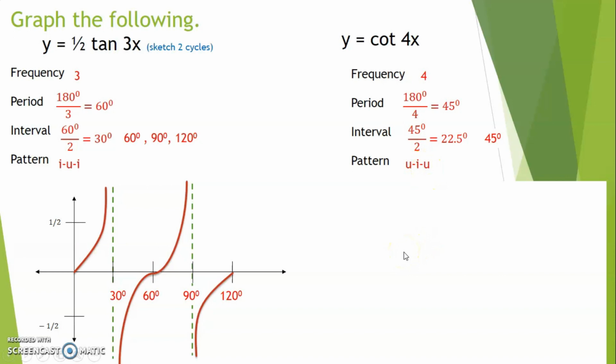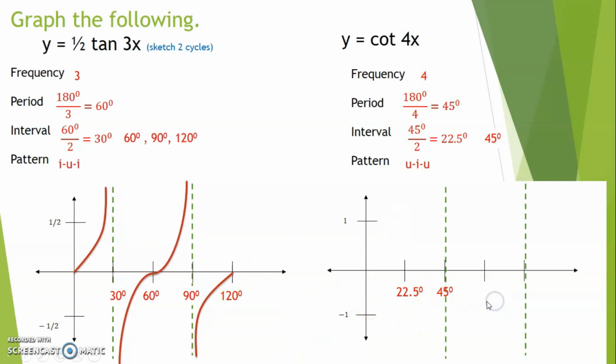The same thing as tangent, the cotangent has no amplitude as well. So graphing this, the interval is 22.5 and 45. So this will be undefined here, intercept, undefined, intercept, undefined, and so on.